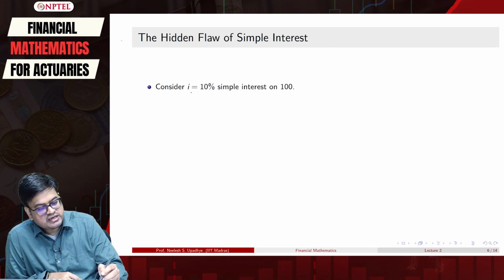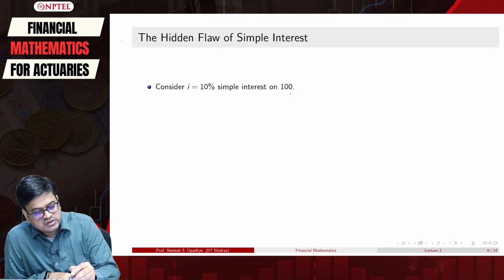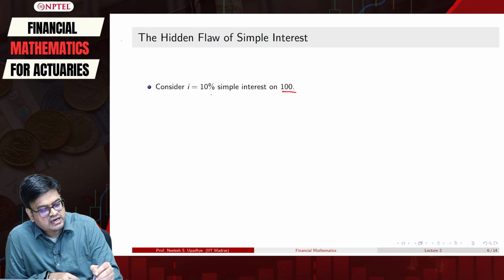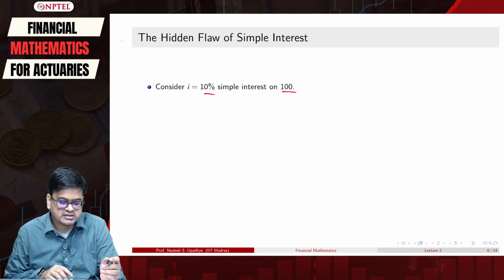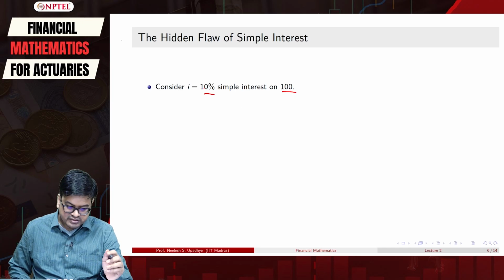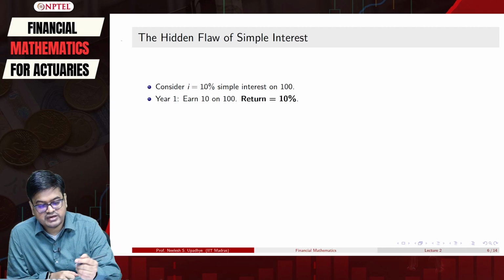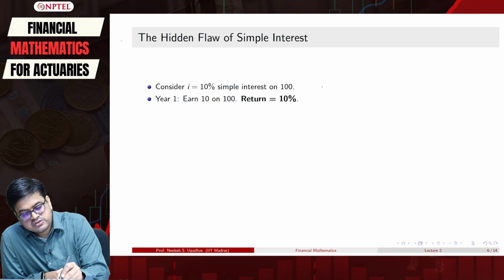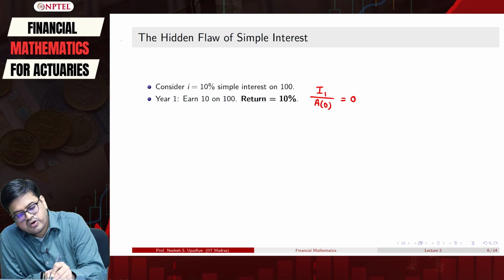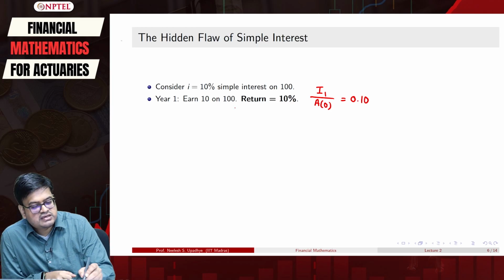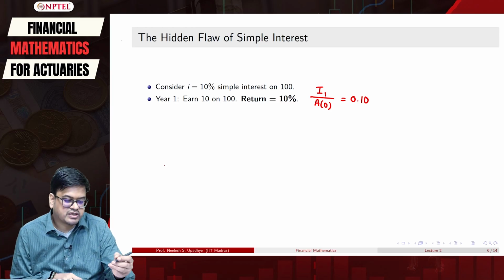In the first year, you have 100 rupees and you have 10% simple interest. At the end of year 1, it's natural to earn 10 rupees on 100, and therefore based on the formula that we introduced in the last section, this will be equal to 0.10, and that gives me a return of 10%.